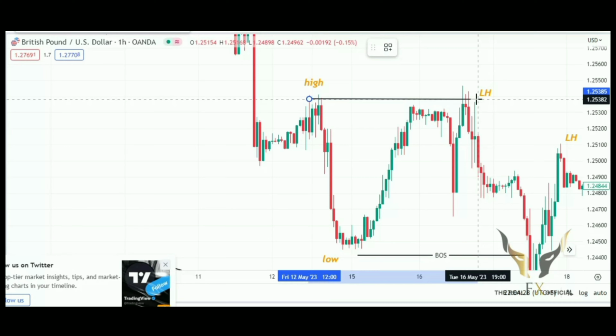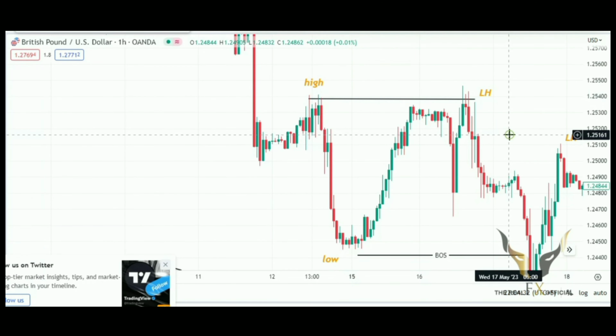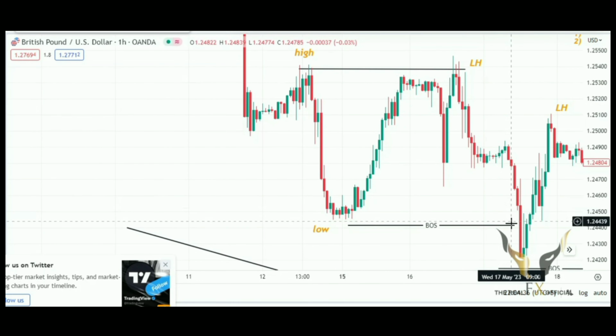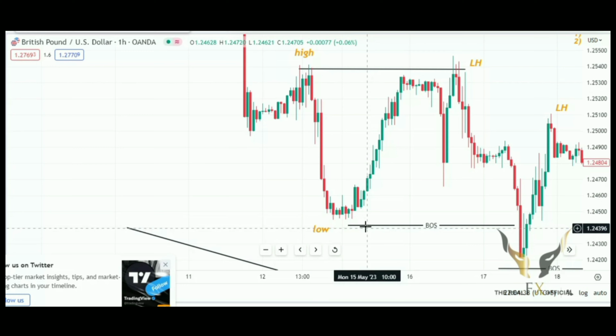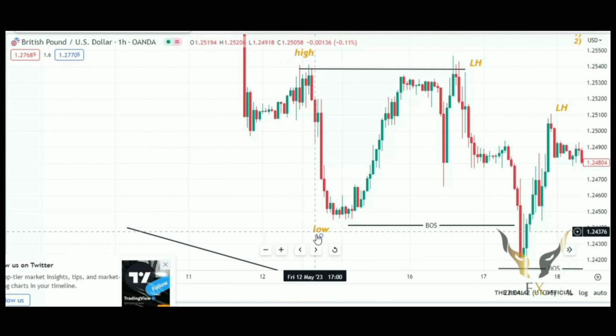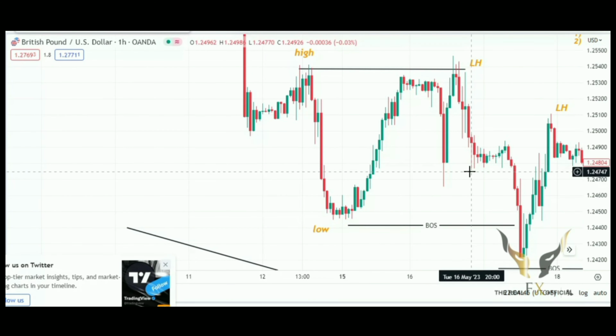Just keep it in mind that the price has created a lower high, okay. So now the price has pushed to the downside, breaking this low, okay. So we can say that the price is breaking the recent low, and the price is coming down, so we can say that the price is in a bearish trend.